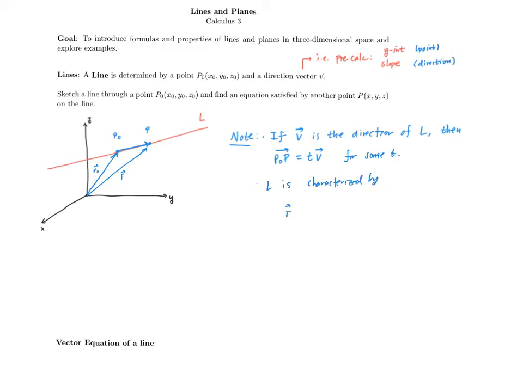If we want to get to r, and we're thinking in terms of vector addition, we can first travel to P naught, and then we can travel from P naught to P. And we indicated previously that we can think of this vector as being t v. So r would be equal to r naught plus t times the direction v. And how we want to think about this is in terms of vector addition, as we discussed.